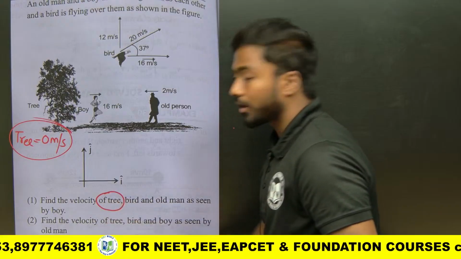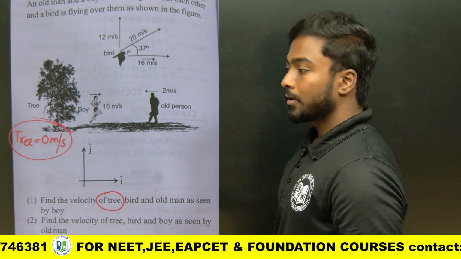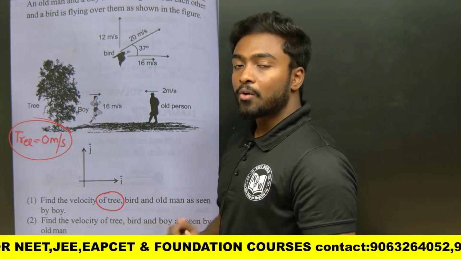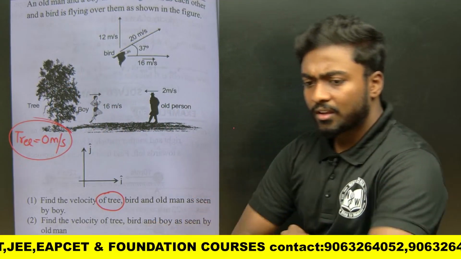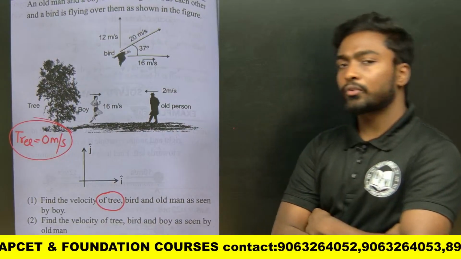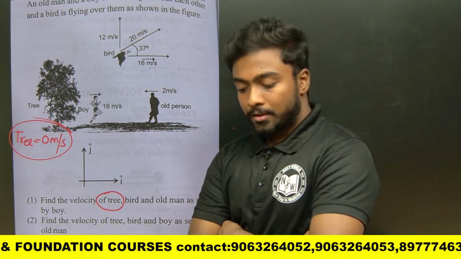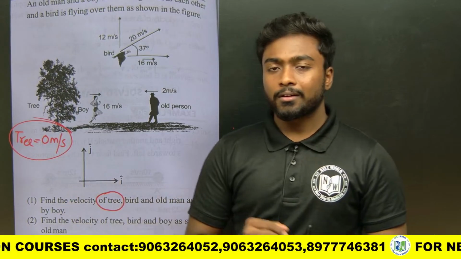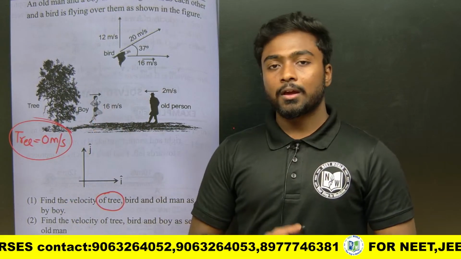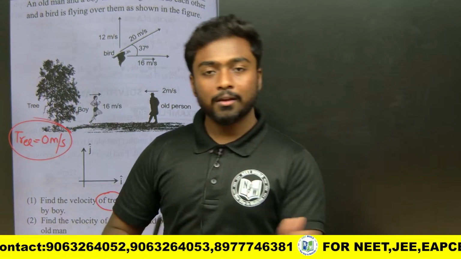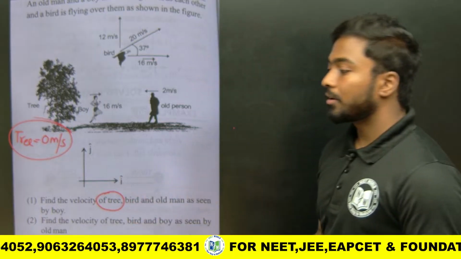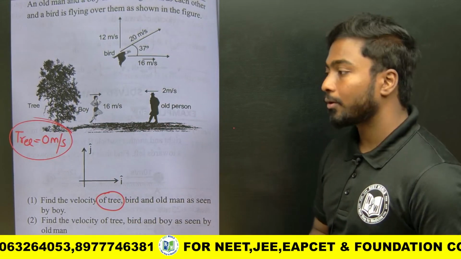What is the velocity of the tree with respect to that boy? The boy is running and the tree is standing there. Without using the relative velocity concept, we can assume: a person is at rest and you are running at 16 meter per second. You will say, I am moving away from the person at 16 meter per second, right?